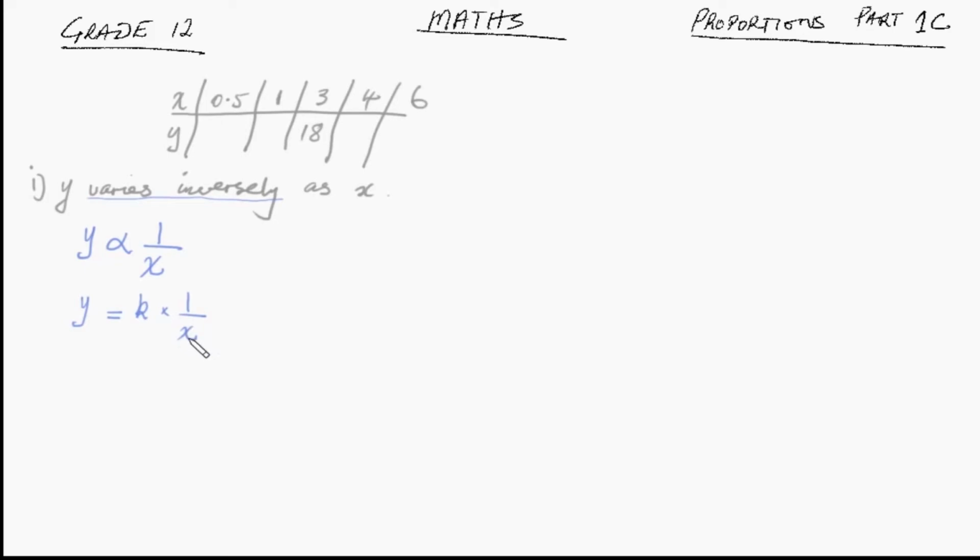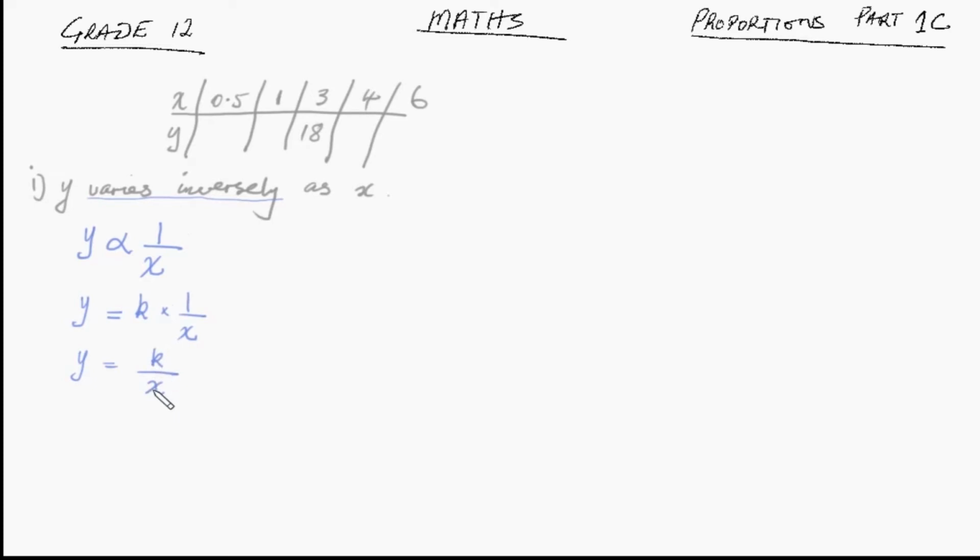So let's make k the subject. Y is equal to k over x, and we want to make k the subject, because if we want to find y in order to fill up this table, we are given x but we don't know k.